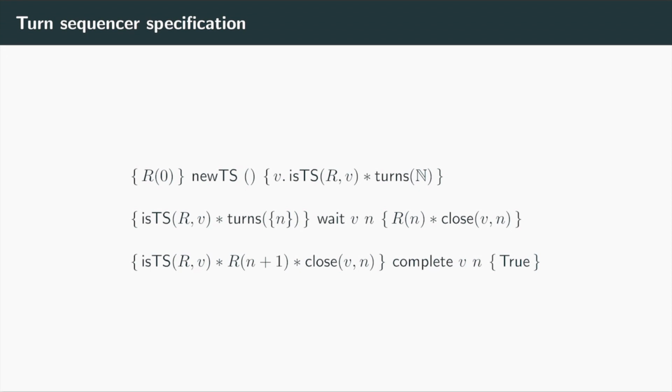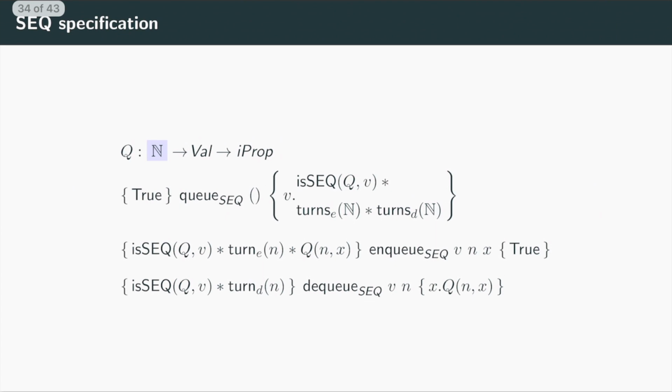This specification is then used to verify the single element queue, which uses the turn sequencer to ensure that its DQ and NQ operations are carried out in the correct order. The specification that we give for the single element queue looks like this. Again, this one is very similar to a typical kind of specification that you would give for a queue, and it's called a per element specification.